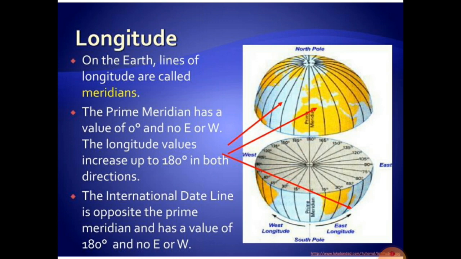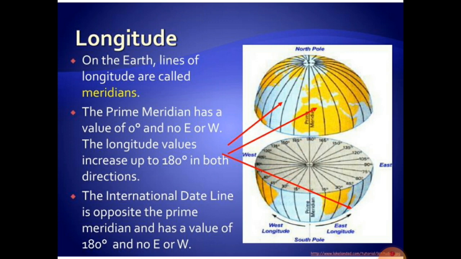The longitude values increase up to 180 degrees in both directions, meaning moving towards the east up to 180 degrees and moving towards the west also up to 180 degrees. So in total it makes 360 degrees. In the picture also it is very clear.